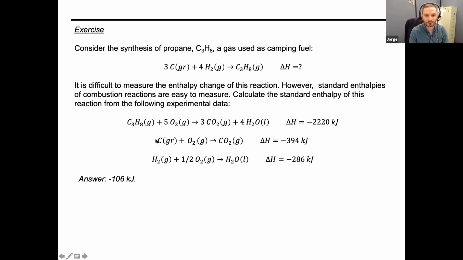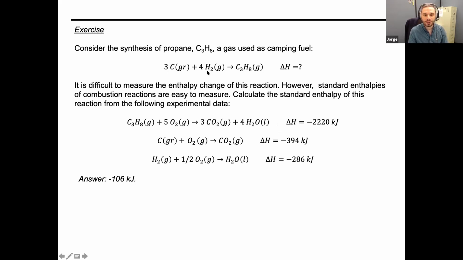So we add 3 here, 3 here. The whole reaction is going to be multiplied by 3, and the delta H is going to be multiplied by 3 as well. So rewrite this second reaction multiplied by 3 and the delta H multiplied by 3. I'm trying to match what is showing up here with what needs to show up here.